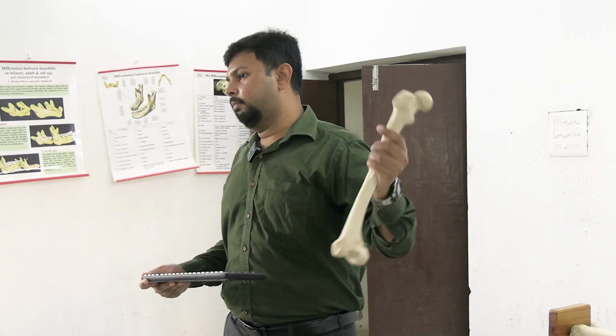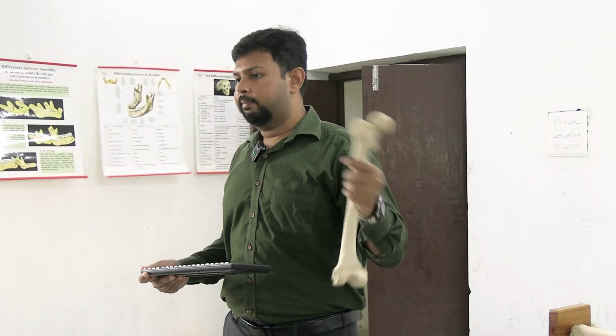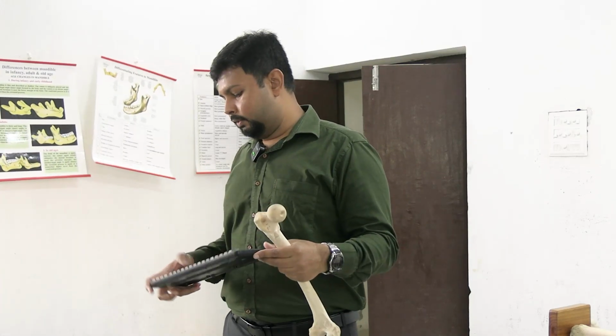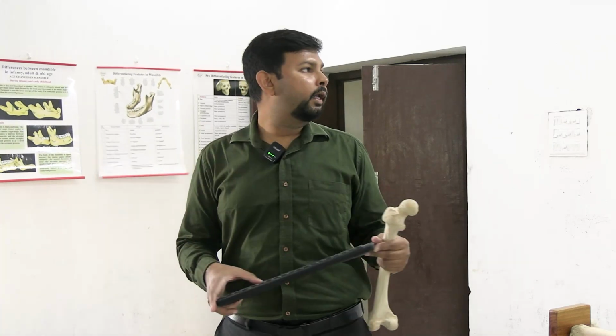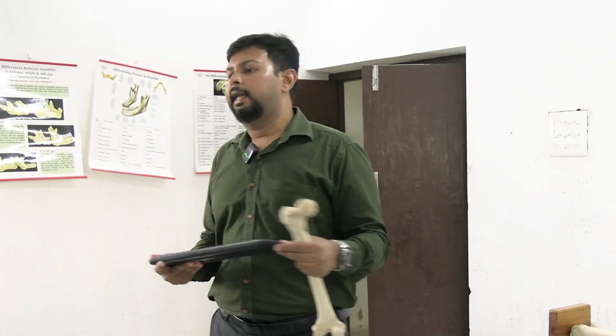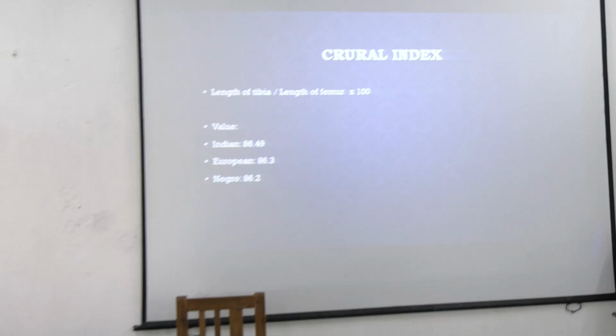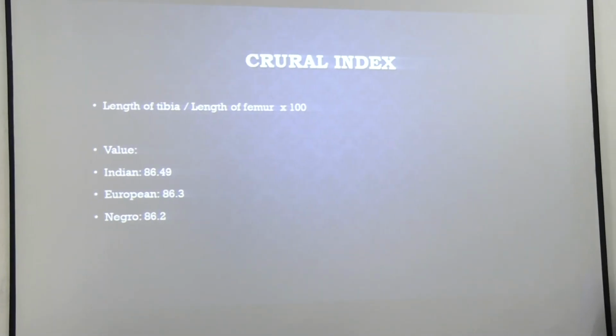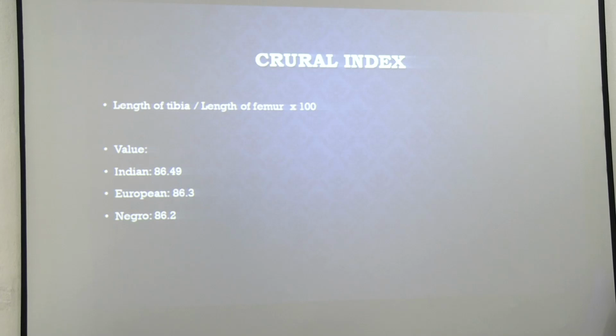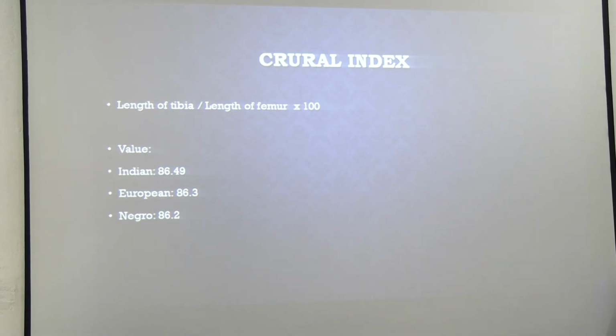Taking those measurements, we calculate it. So by that way we can calculate the race. Crural index is length of the tibia by length of the femur, meaning in the lower extremity only we can divide and find a ratio, and that will tell us which race, European, Caucasian or Negroid.